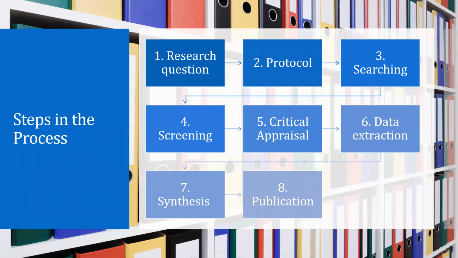Then talking to you about the critical appraisal component and giving you the tools to conduct that critical appraisal. Data extraction, synthesizing your evidence, and then talking to you about possible journals to publish in, helping you identify predatory journals if that might be a concern.